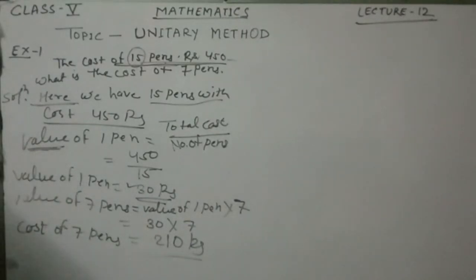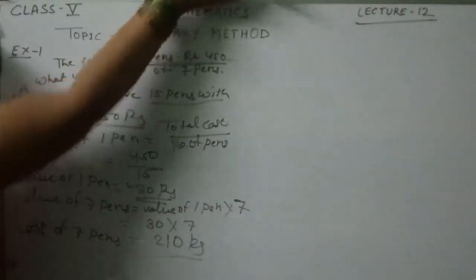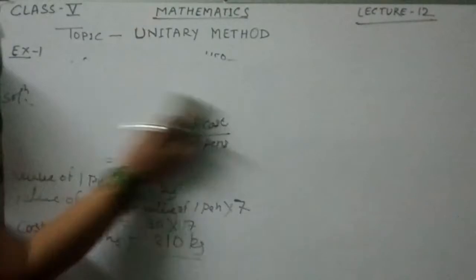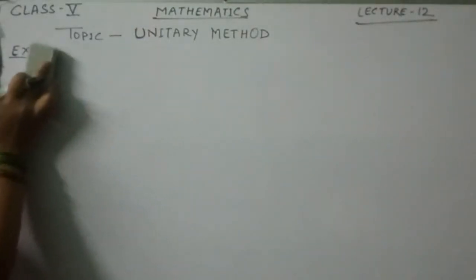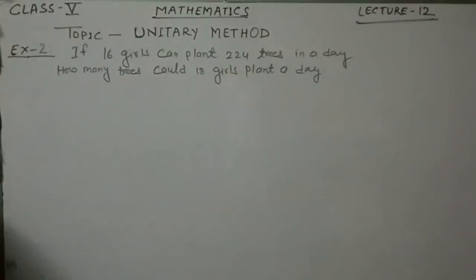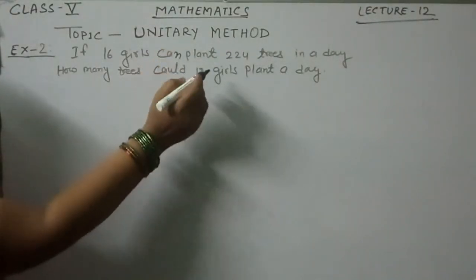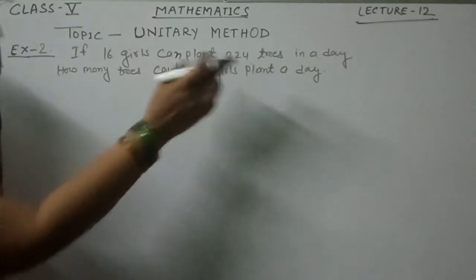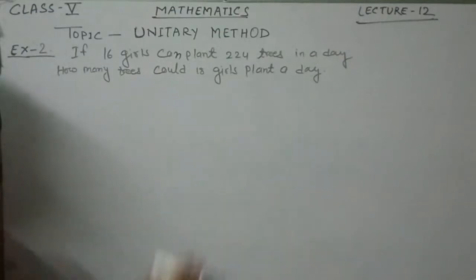So let us take another example. Write the question. Second example: if 16 girls can plant 224 trees in a day, how many trees could 18 girls plant in a day?